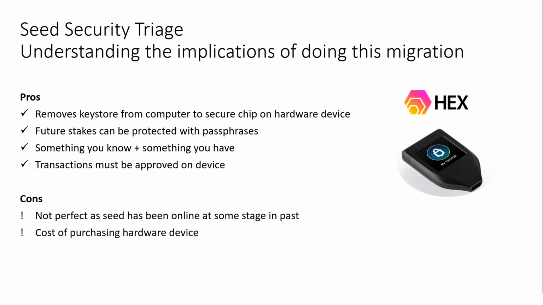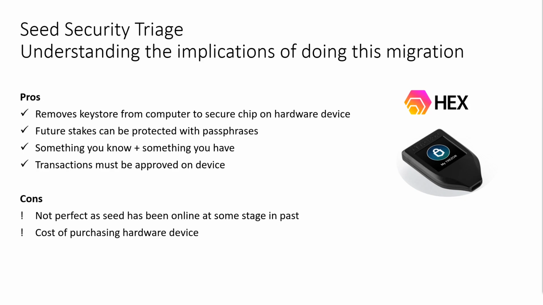You've secured your existing stakes and any funds you have on your hardware device, and then future stakes you can stake out using what will be a different address, but it will be an address that's protected by a passphrase, which I think is something you really should be looking at.